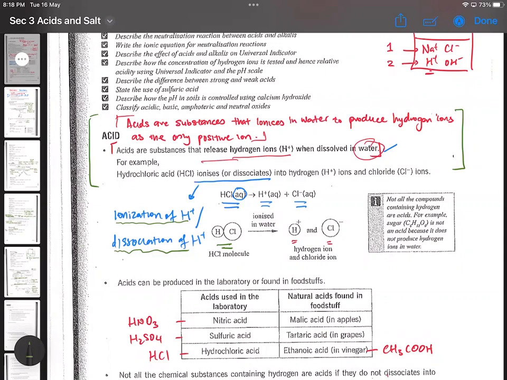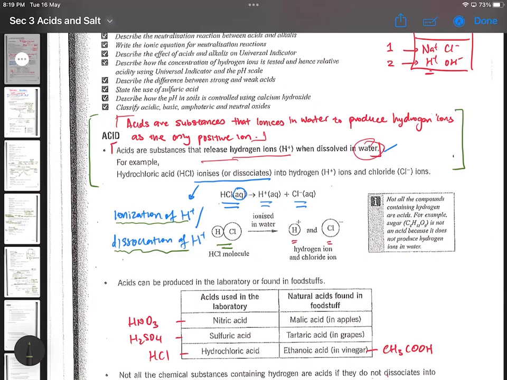Water, correct. If the molecule is supposedly an acid, it must dissolve in water. Otherwise, without water, they will not be able to ionize to give you H plus ions.